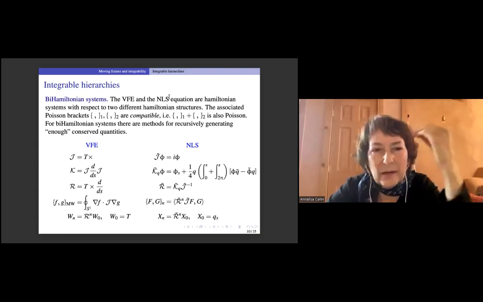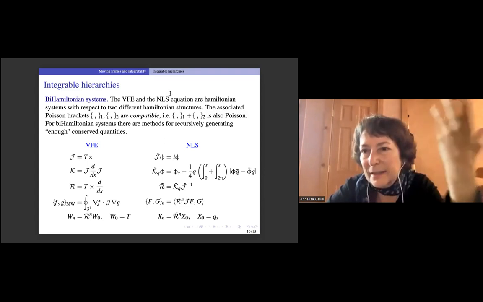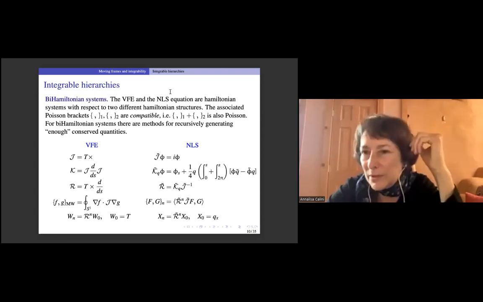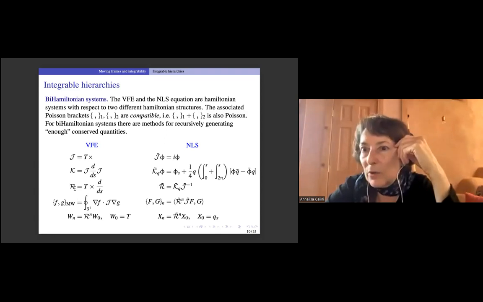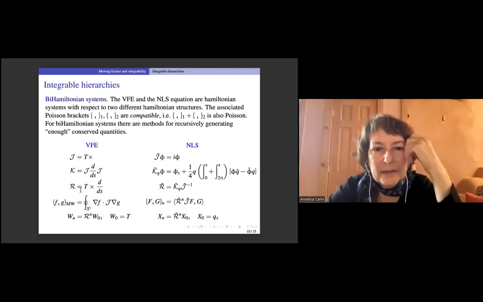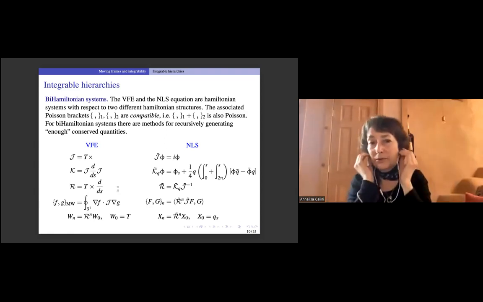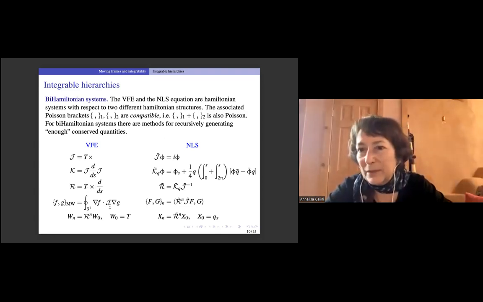The two Hamiltonian structures are compatible in the sense that the corresponding Poisson brackets give rise to a pencil of Poisson brackets. And once you have that, you can write down recursion operators. The VFE is very remarkable in this context because it has a geometric recursion operator. And that's the tangent vector cross product with the derivative with respect to arc length.